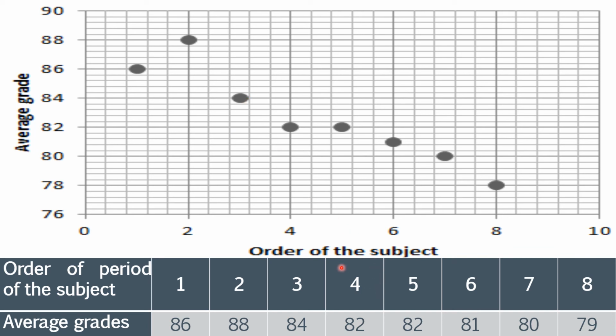We have 4, and the average grade is 82. Same goes with 5. For 6, we have 81. So we can locate it here, 81. For 7, we have 80. And for 8, we have 79. Actually, this one is 78. Okay, there are some typographical errors in this.